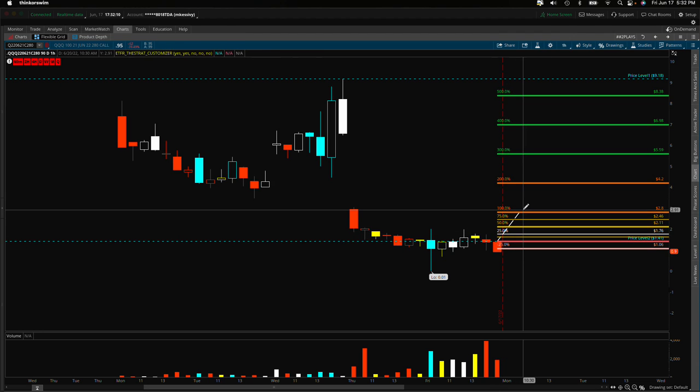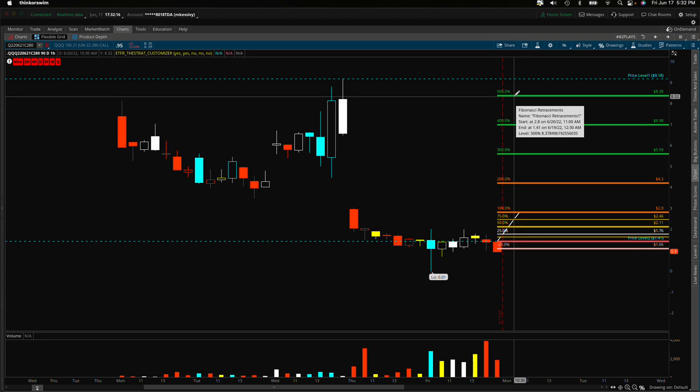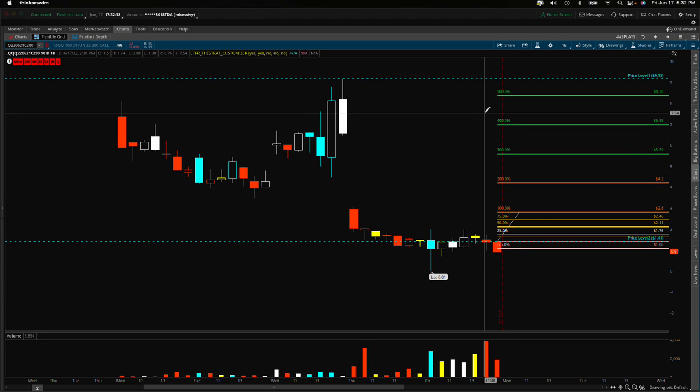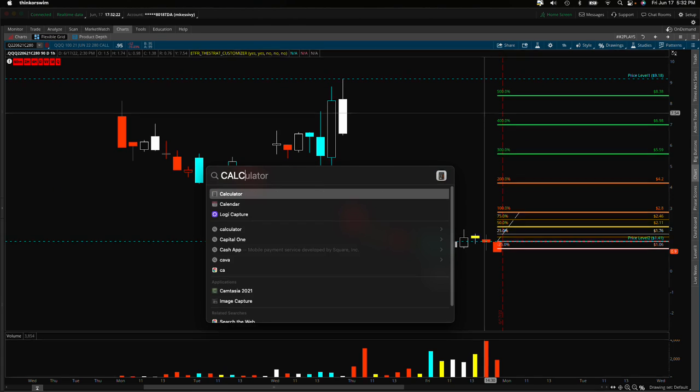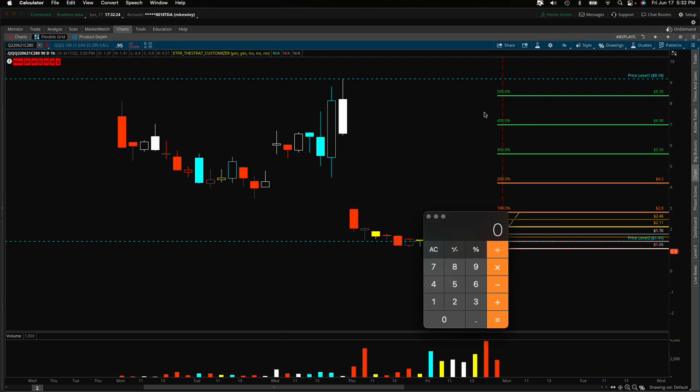So we'll have 100% at 2.8. And if we're able to get up to at least 8.38, that'll be a 500% move. If we're able to get to $9, that's 9 minus 1.41 divided by 1.41, a 538% move to the upside.